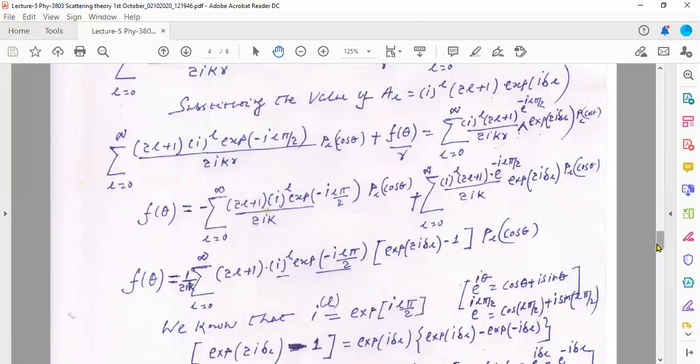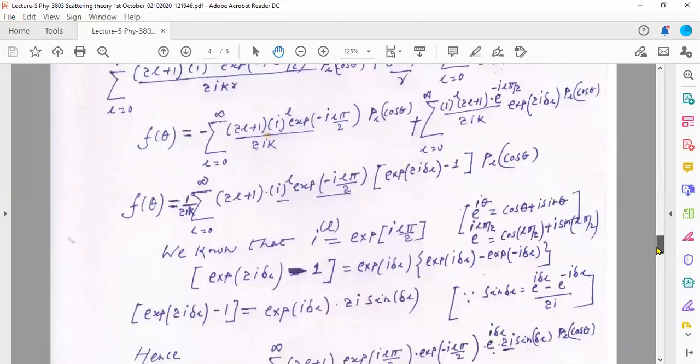Now you can see an arithmetic arrangement here. This i to the power of l can be written as exponential of i l pi by 2, because of Euler's expansion: e to the power of i theta is cos theta plus i sin theta.